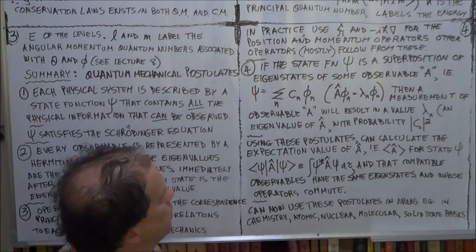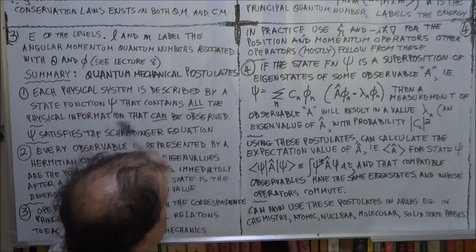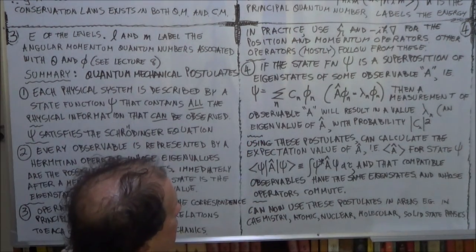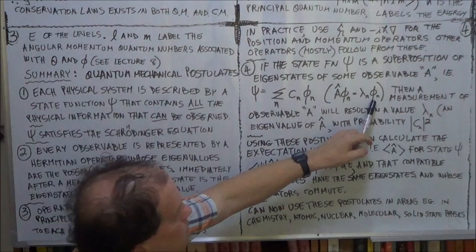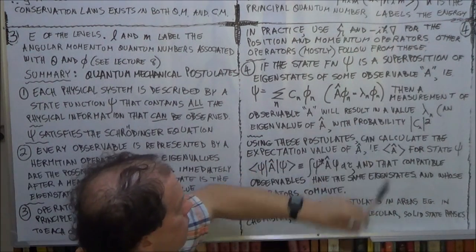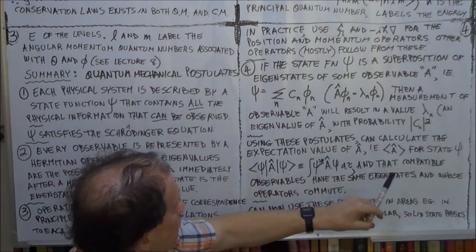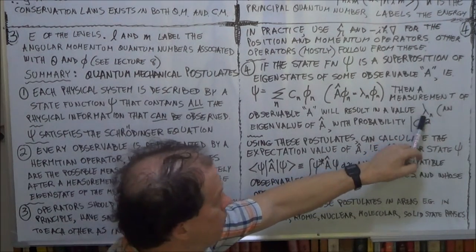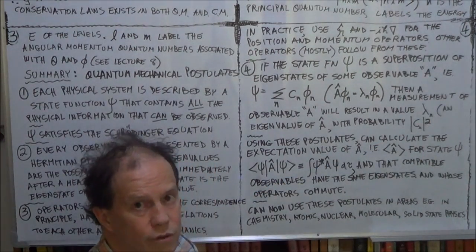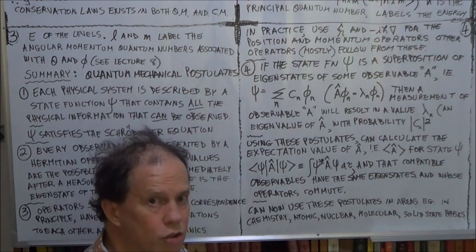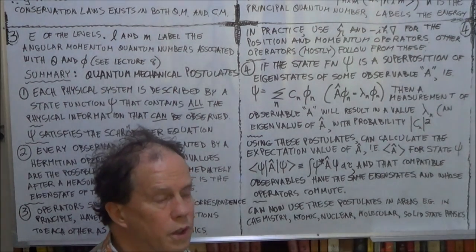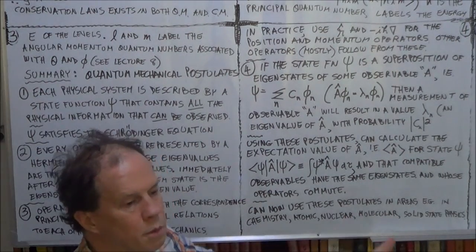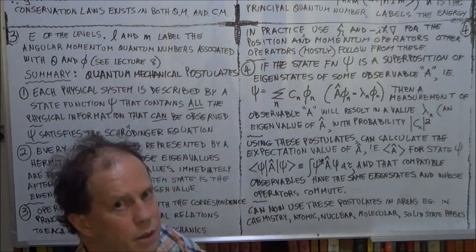You perform the measurement on observable A. This wave function will collapse, as I was saying a bit earlier, to one of these eigenstates, let's say phi n, with the corresponding eigenvalue, lambda n. That lambda n will be the measured value that you get. You're trying to measure some physical quantity. What's the energy level? What's the angular momentum? What's the momentum?